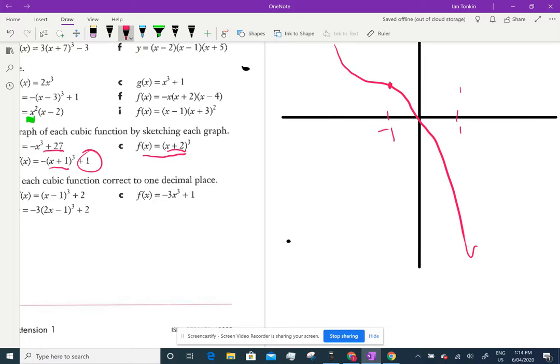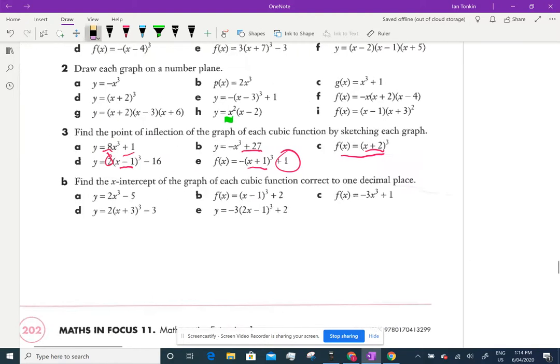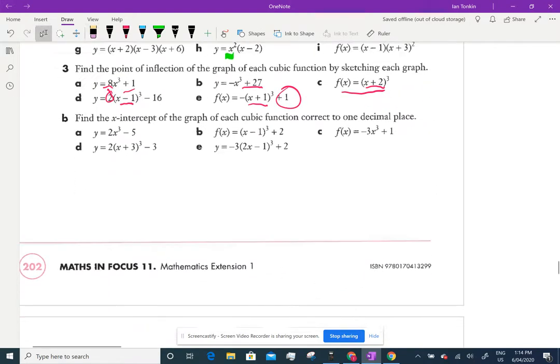And this is the point we're worried about, which is negative 1, 1. All right, so finding the point of inflection. What else? Find the x and y. Well, that's just solving that.